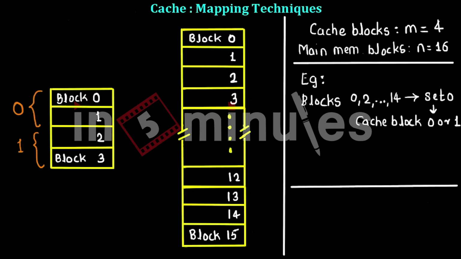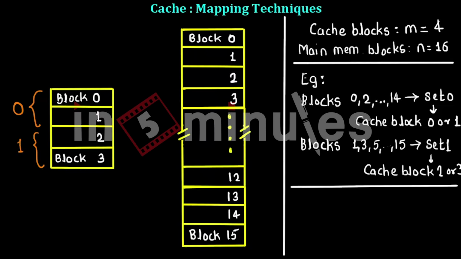In the example, you can see the even blocks are present in set 0, and they can be placed in 0 or 1, and odd blocks from the main memory are present in set 1. Obviously the real life examples are going to have more blocks and more sets. So this is just for example.